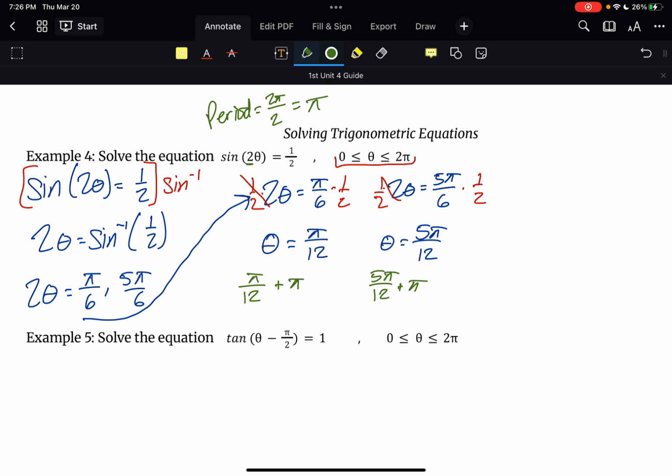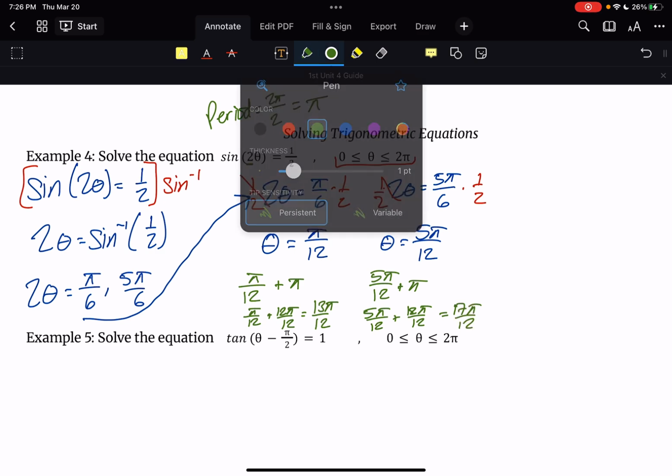So if I get that common denominator of 12, this is really pi over 12 plus 12 pi over 12, and then 5 pi over 12 plus 12 pi over 12. So that gives me two more solutions of 13 pi over 12 and 17 pi over 12.